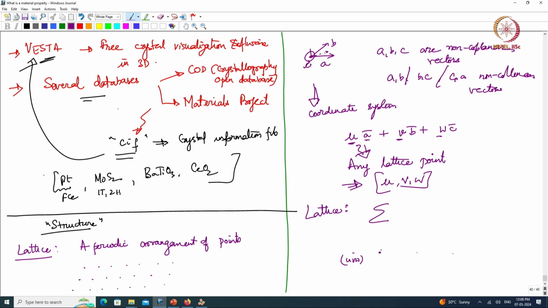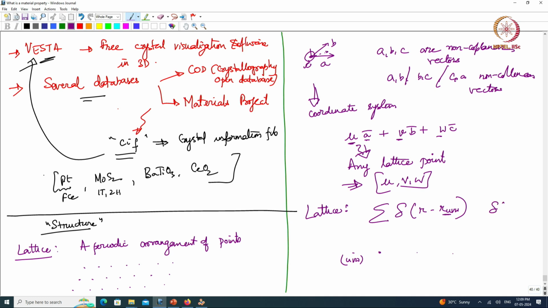A point function is nothing but a delta function, right. So, there is infinite intensity at this point and there is 0 intensity if you go away from that point. So I am just going to write it as a summation of various delta functions, where the delta function is infinite at a lattice point, which is r u v w, and elsewhere from the lattice point it is 0.